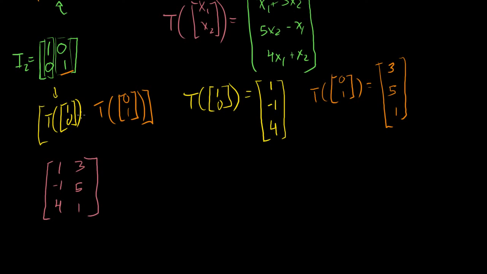And so what we just did, and for some reason I find this to be pretty amazing, we can now rewrite this transformation as the product of a matrix with any vector.